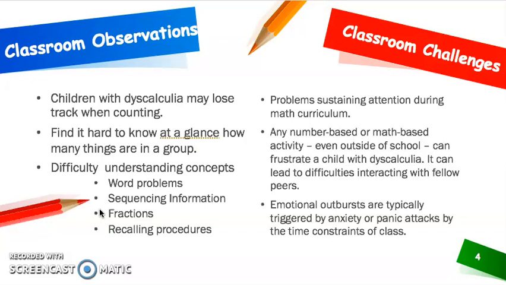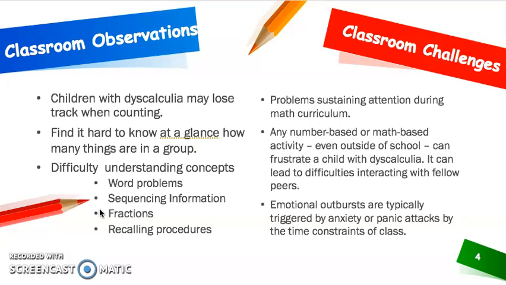These in turn become classroom challenges that are hard to redirect at moments because these students have difficulty paying attention. Any number-based or math-based activity, even outside of school, can cause a child to feel frustrated. It can lead to difficulties interacting with fellow peers, leading to social anxiety.